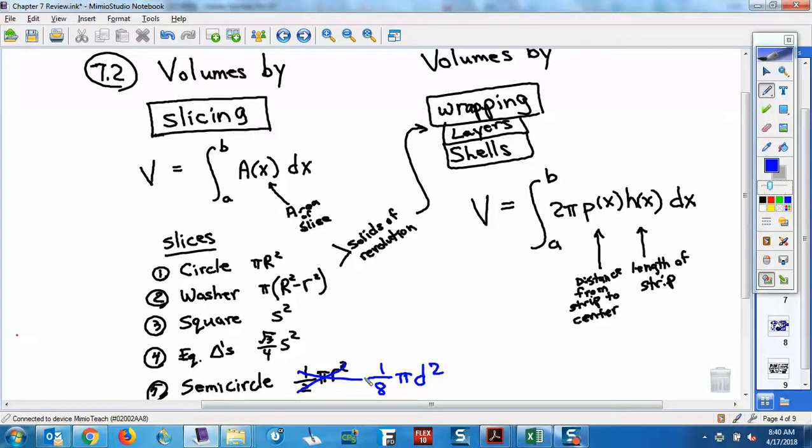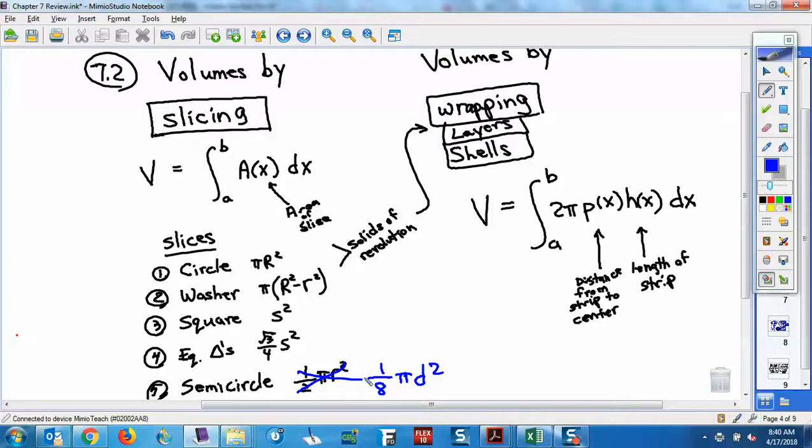And so our strip was the semicircle diameter. Or our strip was the side of a square, or it was S or B. We sometimes use the base or the side of an equilateral triangle. So as long as you know the area of the slice, you just stick that into the integral, and the integral then gives you the volume.